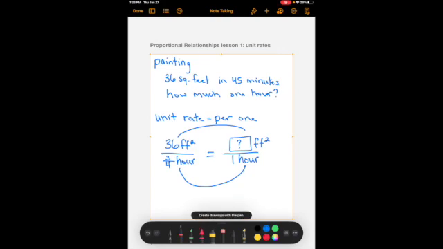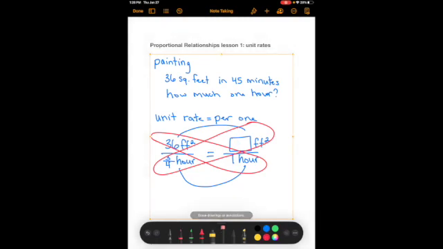So we are going to use the butterfly method. I am going to replace my question mark here with a variable. I'm going to put x.